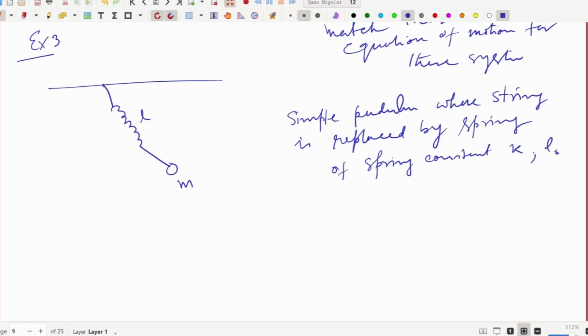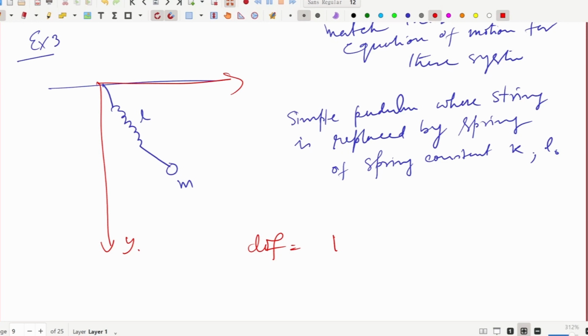So let me fix my coordinate axes, which is the x direction, and then this is my y direction. Again the degrees of freedom will be 2 minus 1, so this will be the degrees of freedom.